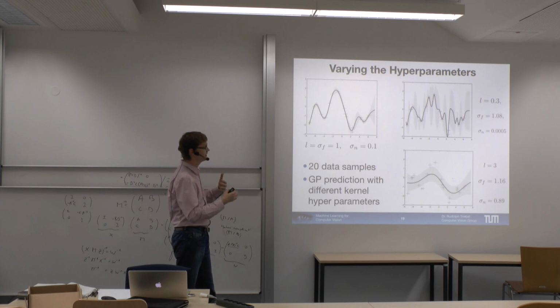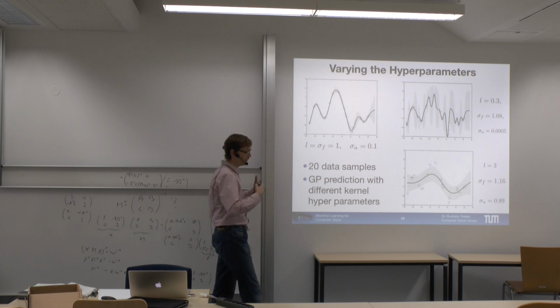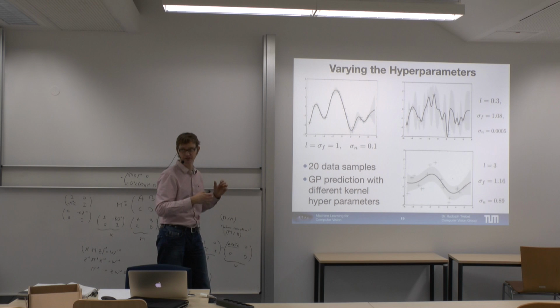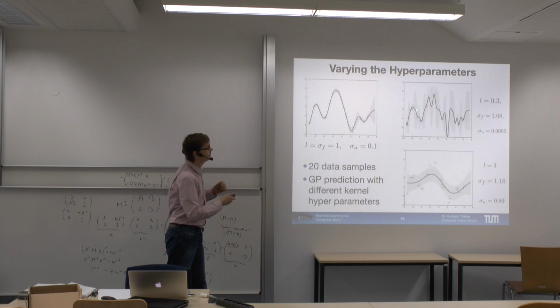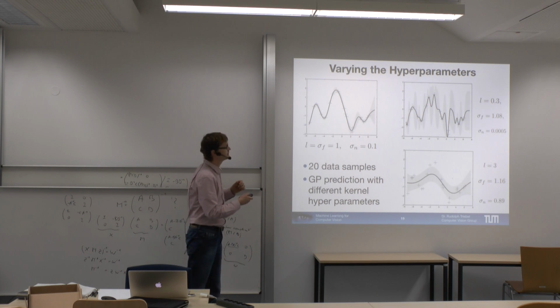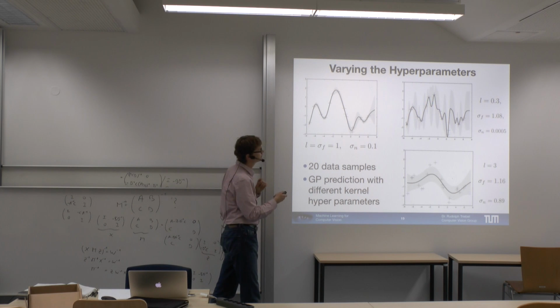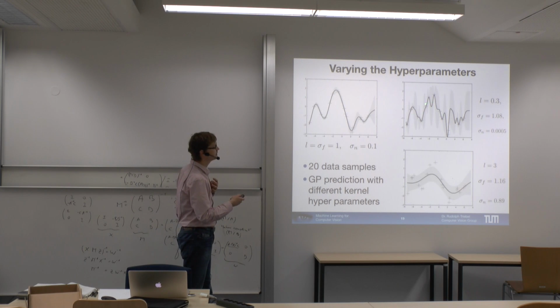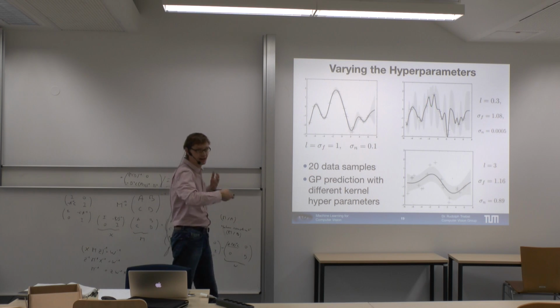This is why it's called length scale. Length scale tells you how far away from the data you have to be to still be correlated to that data point, right? And here, already after a few steps, if you're not very far from the data, you are already decorrelated, right? So your uncertainty is very high. You don't know what you have here, and the mean function has a higher variance there.